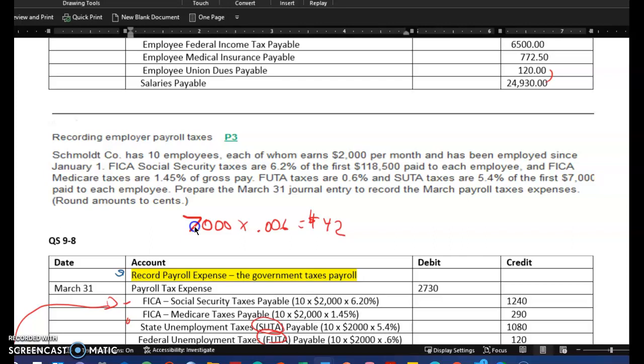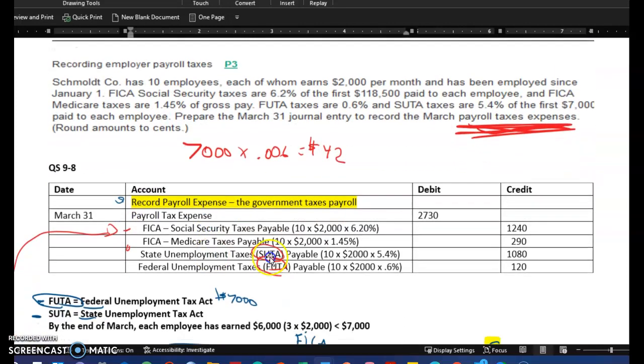All right, prepare the March journal entry to record the payroll tax expense. Payroll tax expense. So when I work these, I do not write a number there. I leave that blank. I write down payroll tax expense, and I flip over and I do FICA Social Security, FICA Medicare. So where's the gross pay? All right, so it didn't give it to us.